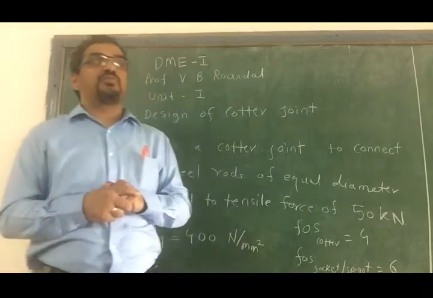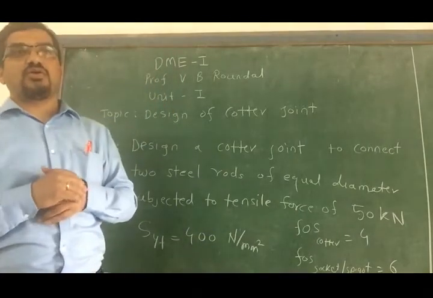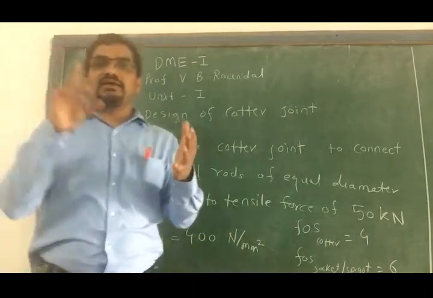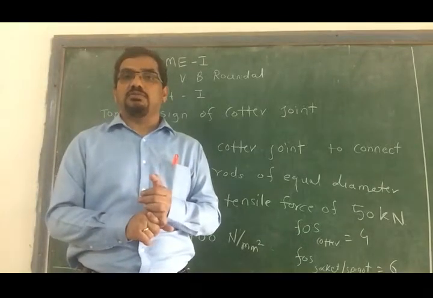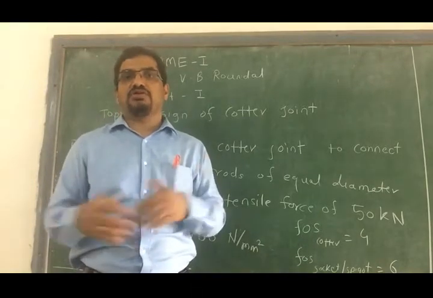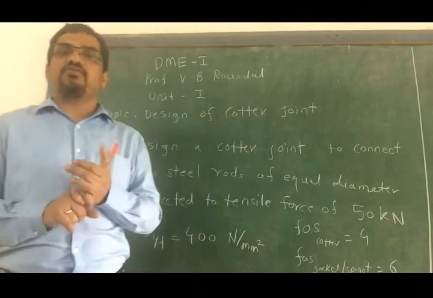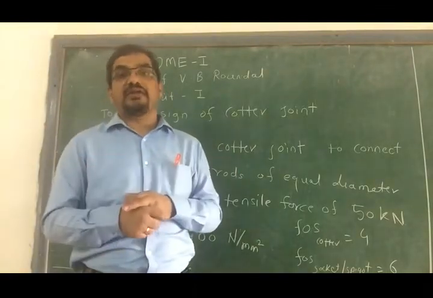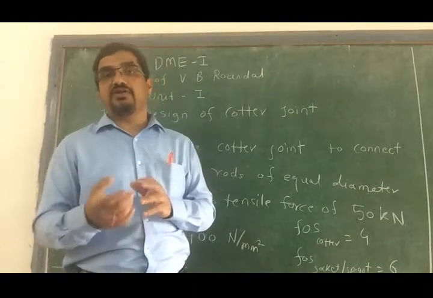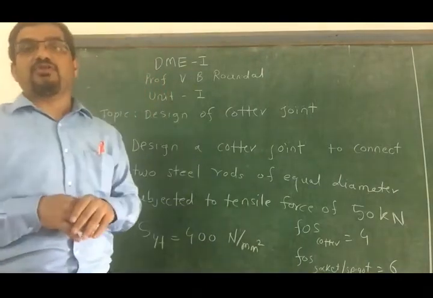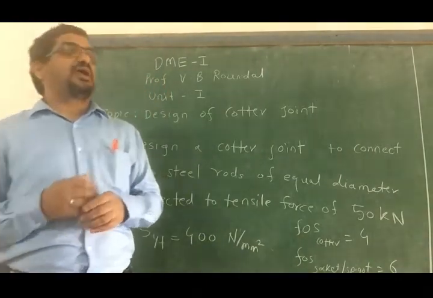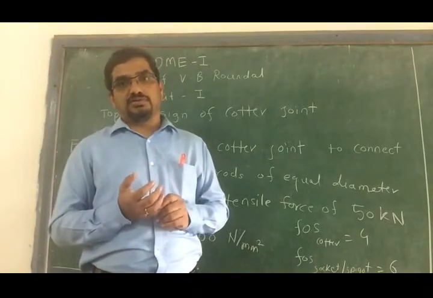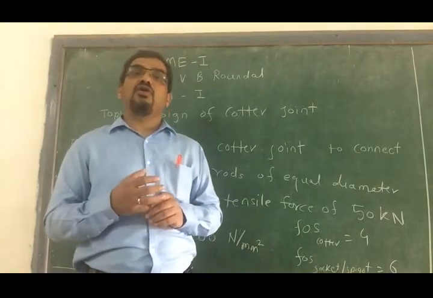Now design means what? What do we have to design in the quarter joint? Basically, the diameter of the main rod, the rod which is carrying the load. Next, there are different diameters of the socket. D1, D2 are the outer and inner diameters of the socket. D3 is the collar of the spigot end, and D4 is the collar of the socket.